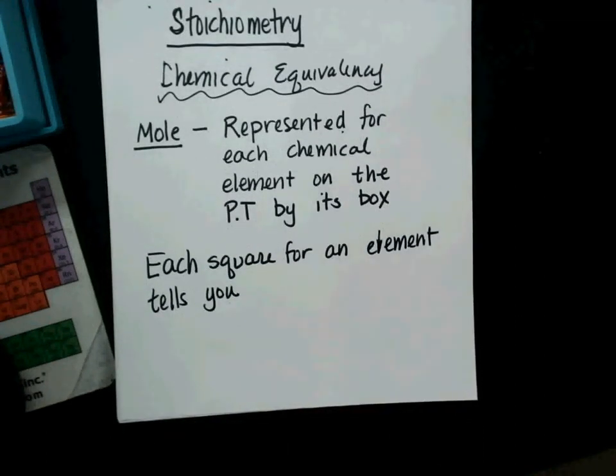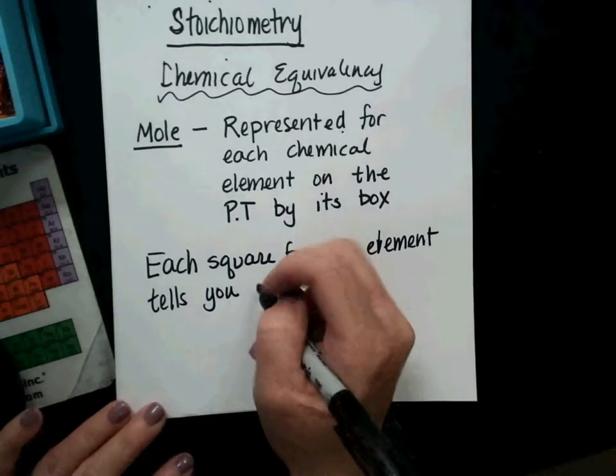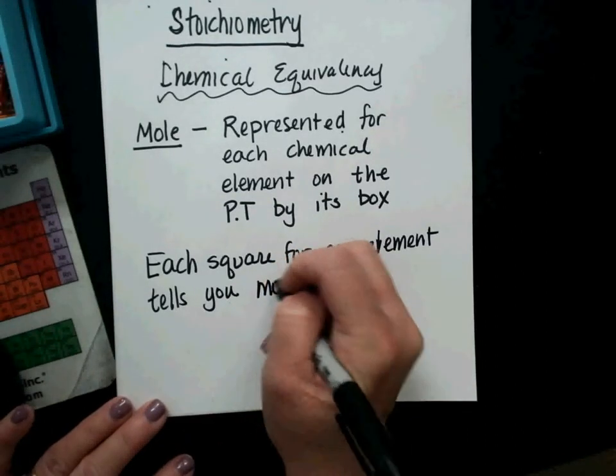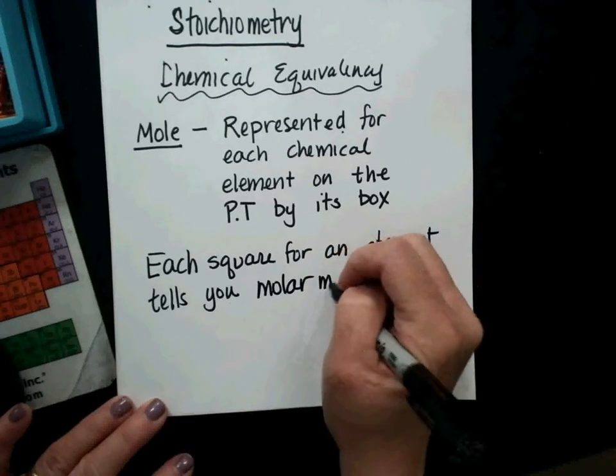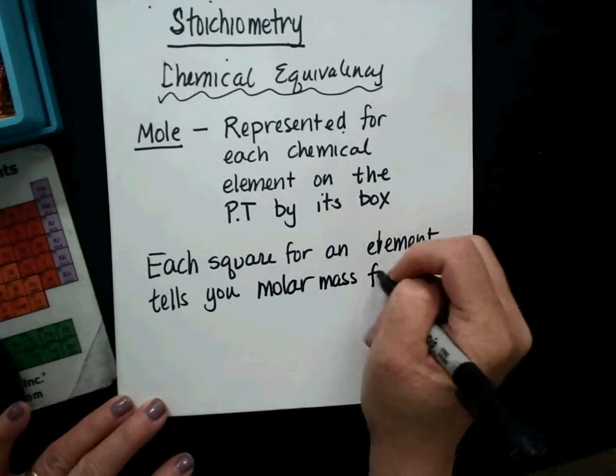tells you, what do we call that when we go on there and we get that average atomic mass and we add it together? What have we been calling that? The first thing we started with, the simplest thing, before we did percent composition. What were we finding? Yeah, molar mass. So each one of those squares tells you molar mass for the element.